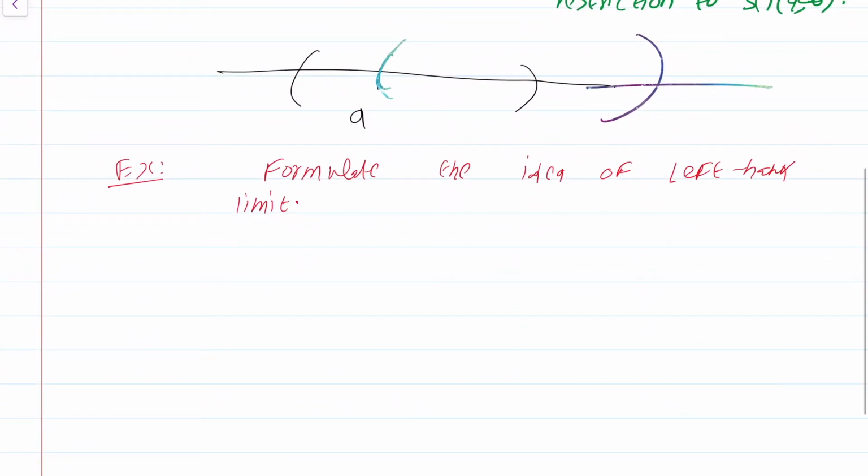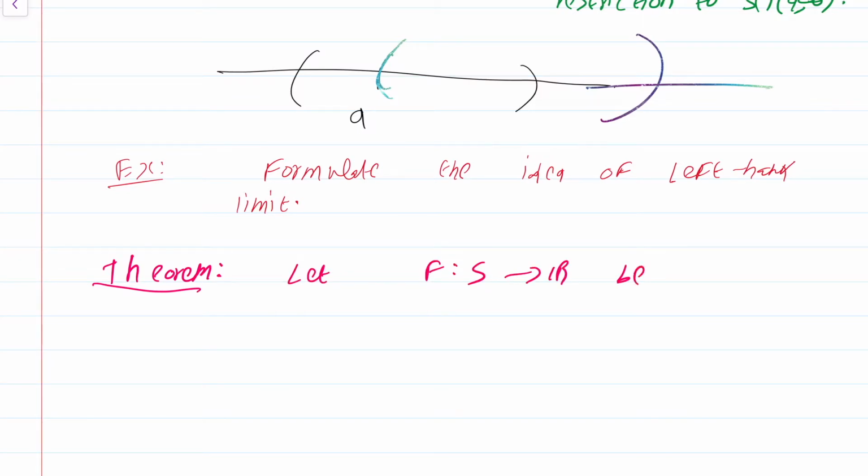Now let's prove one interesting theorem. And this is a theorem that is sort of taken to be a definition in a high school. Let f from S to R be a function. Let A in S be a limit point.